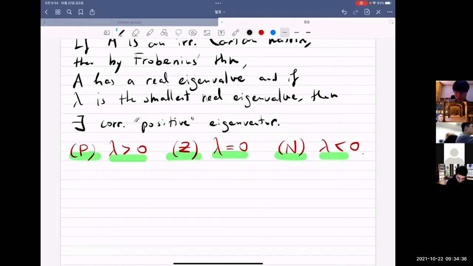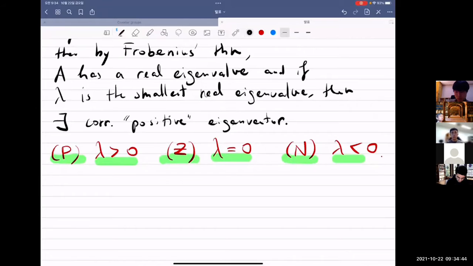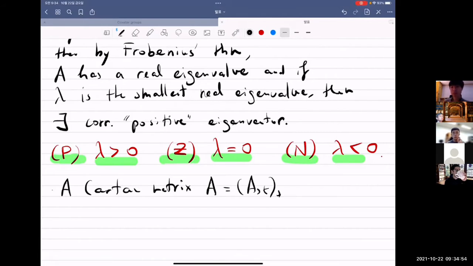Okay, so this is a type of irreducible Cartan matrix. A with entries A_ST, for s, t in S, is comparable.